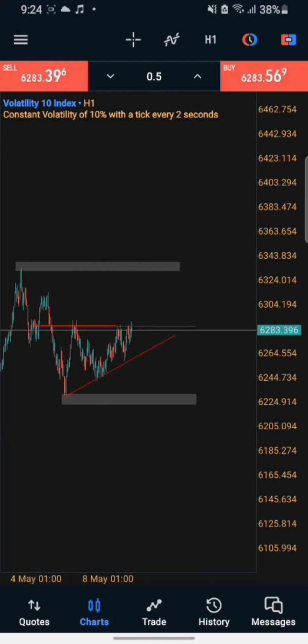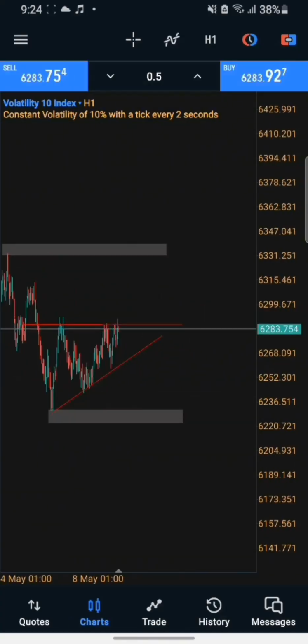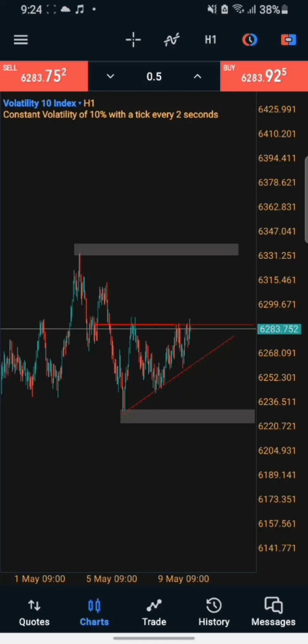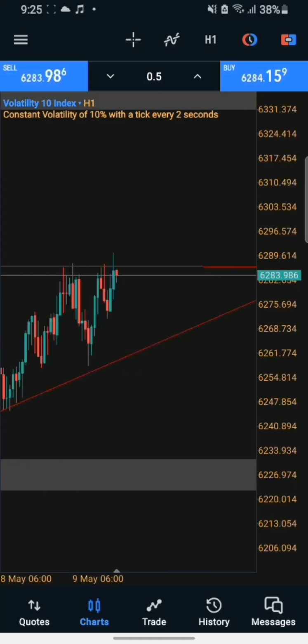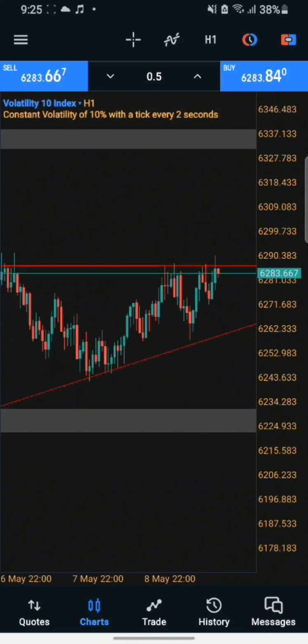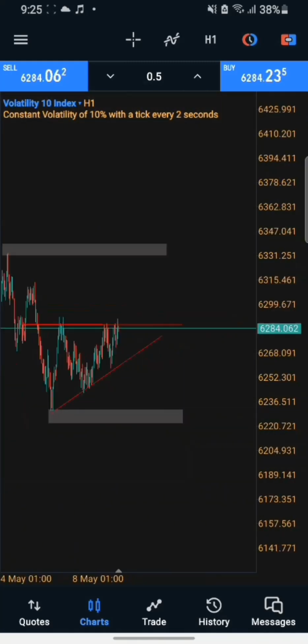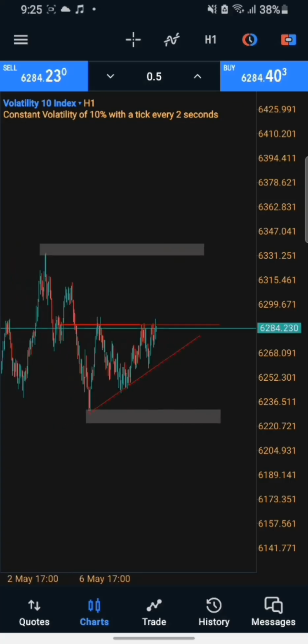And then the next thing that we do is we put a support, a resistance at the top. So at this support, this resistance level is a point that is marking more like an ascending triangle. So this ascending triangle can break either to the upside or to the downside.